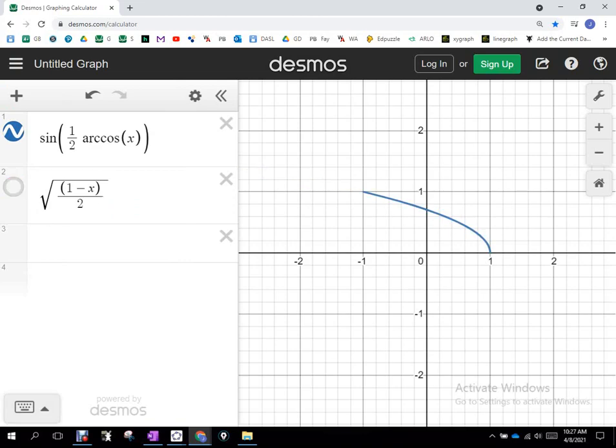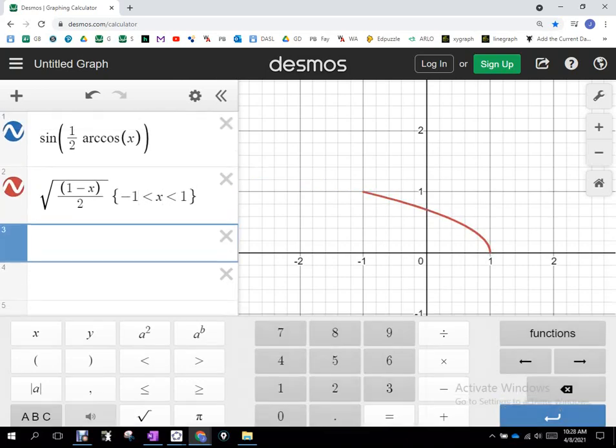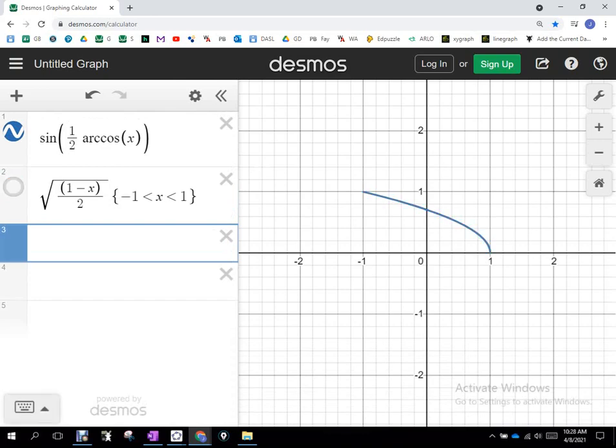What we need to realize is that this red function is supposed to be a replacement for this function. If this function was only allowed to have x values between -1 and 1, then this one is only allowed to have x values between -1 and 1. And when we restrict that, then we do get the exact same stuff, right? That makes sense to everybody? Okay.